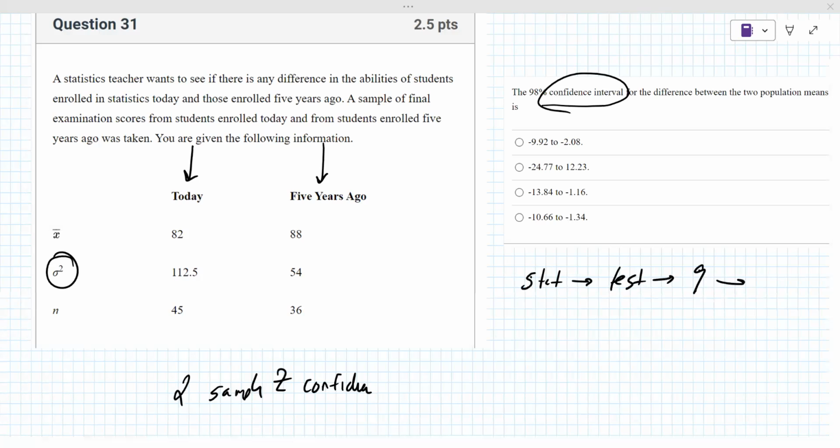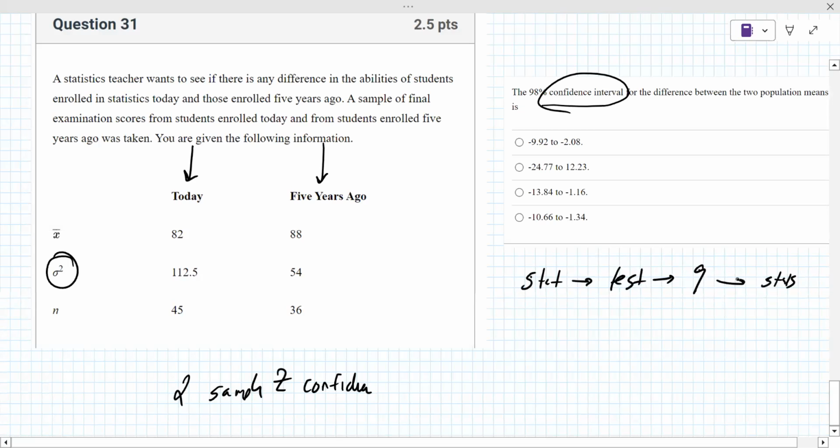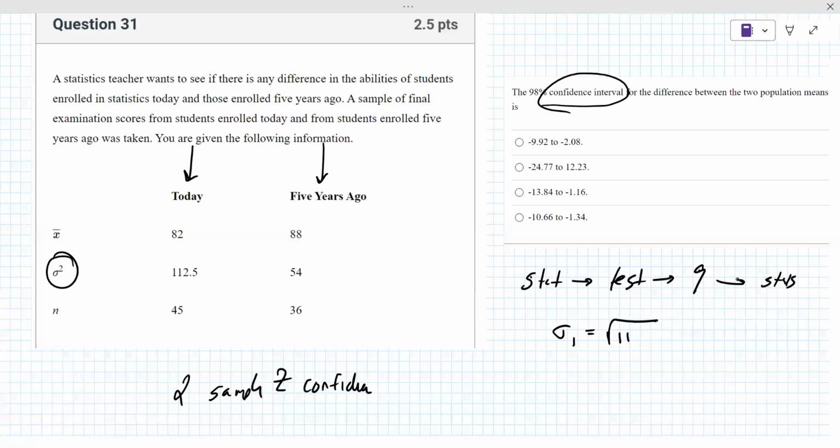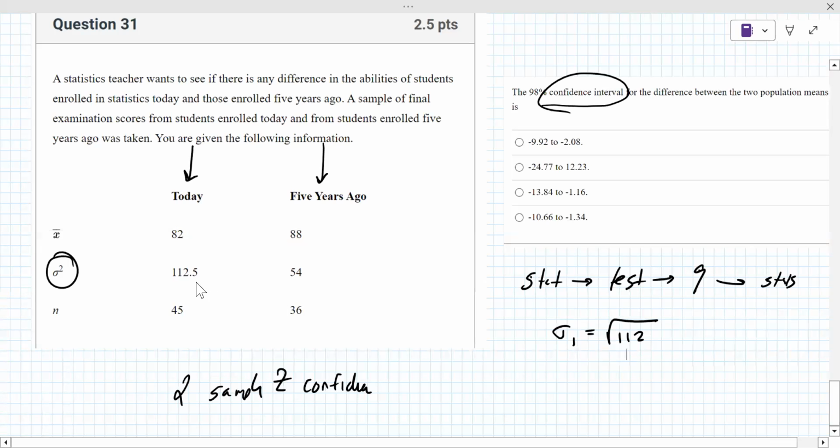And then from here, you have to choose data or stats. This time it's stats because you have the stats. Sigma 1 is the square root of 112. Notice they're giving you sigma squared, so you have to take the square root to get the sigma. Then you need to take the square root of 54.